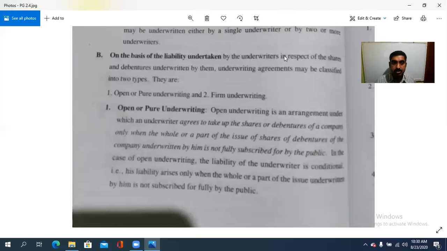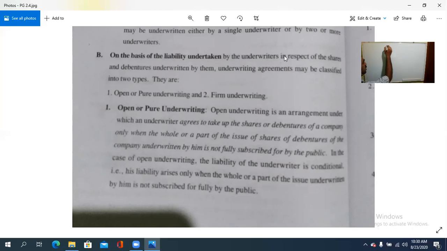Then comes the basis of the liability undertaken, that is, how much liability they take on. On the basis of the liability undertaken by the underwriters in respect of the shares and debentures underwritten by him, underwriting agreements may be classified into two types: open or pure, and firm underwriting.